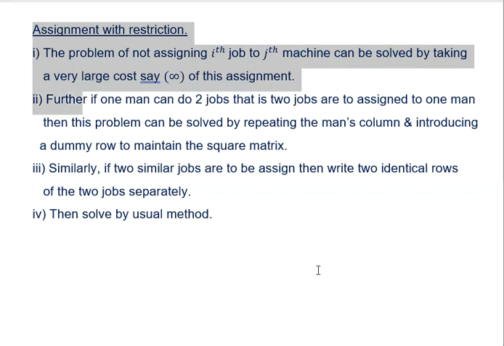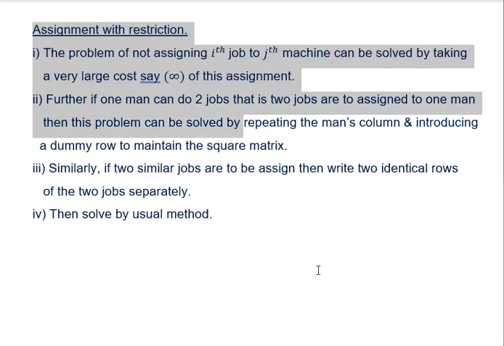Further, if one man can do two jobs, that is, one man or one machine can perform two jobs, so two jobs are to be assigned to one man or one machine, then this problem can also be solved.